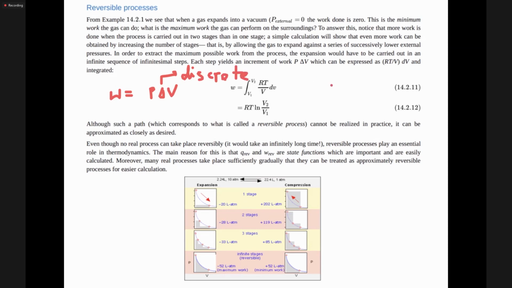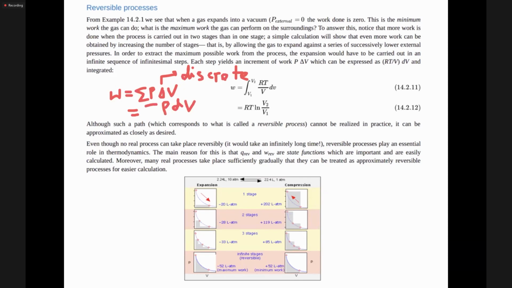But actually, to get the maximum work done by a reversible system, the capital delta will be substituted by the integral, that is PdV. Since multiple steps are involved, in case of P delta V, we introduce a summation sign for a discrete function.